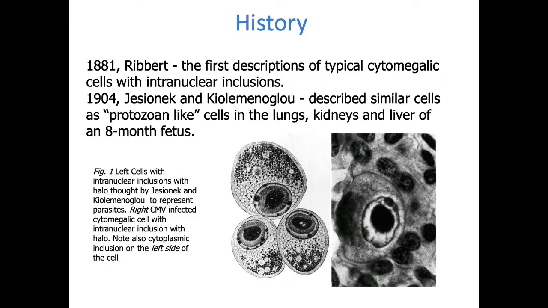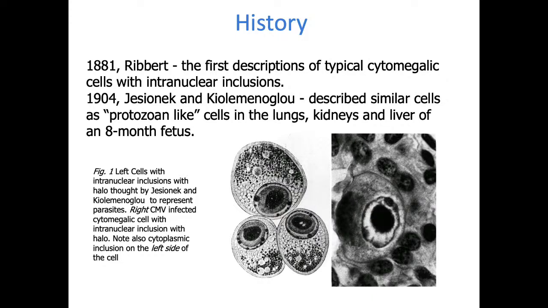People were searching in the 19th century why a fetus may die, and they were observing the tissues, and they saw huge cells in the lung tissue, kidneys, and liver of the dead fetus. People saw enlarged cells with nuclei resembling owl's eyes. This is the cytopathic effect caused by the cytomegalovirus.